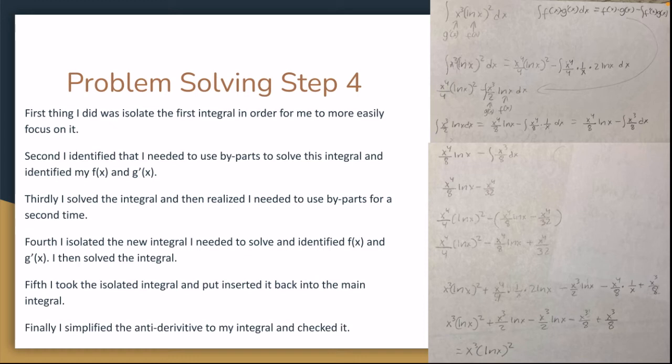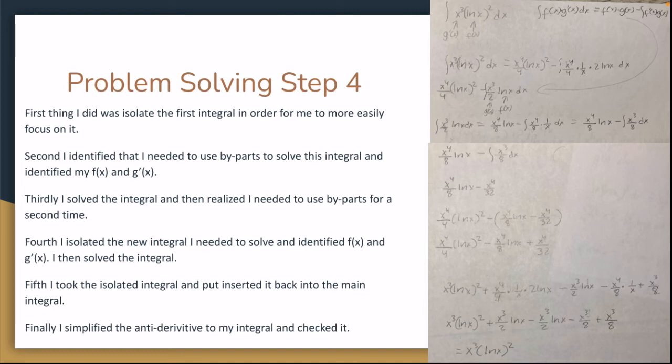And now I find the antiderivative of x cubed over 2, which I find equal to x to the 4th over 8, which is going to be the g of x, times the natural log of x, minus the integral of x to the 4th over 8 times 1 over x, which is the derivative of natural log of x.